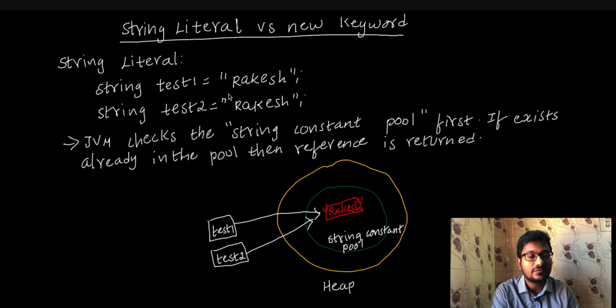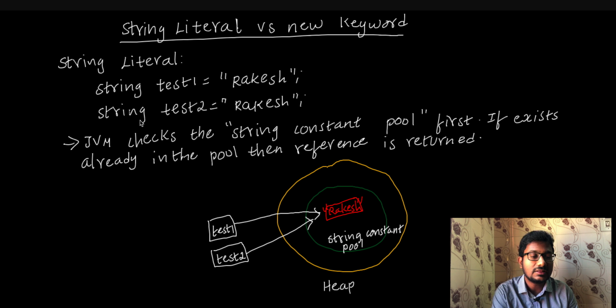Since this is the first line of execution, the Rakesh data wouldn't be present in the string constant pool. So it will create the string Rakesh data, put it in the string constant pool, and return the reference of that value to the test1 variable.